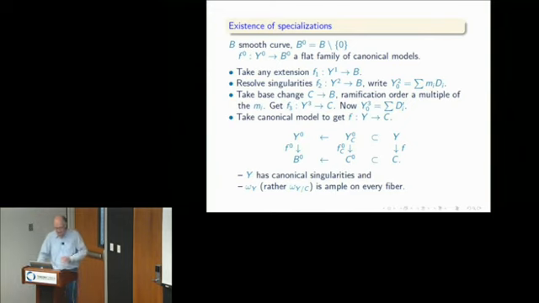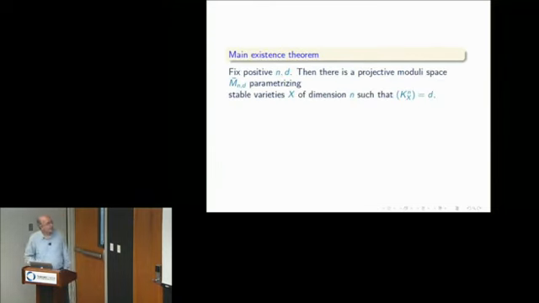Okay, so this is the main step one needed in proving that the moduli spaces exist. So we sort of end up with the main existence theorem. Well, there will be some other parts that need to be proved.